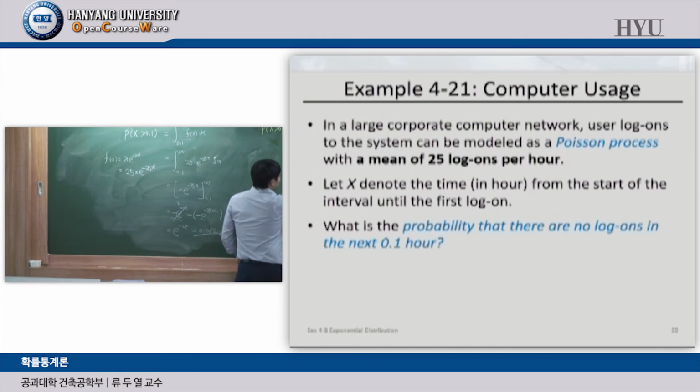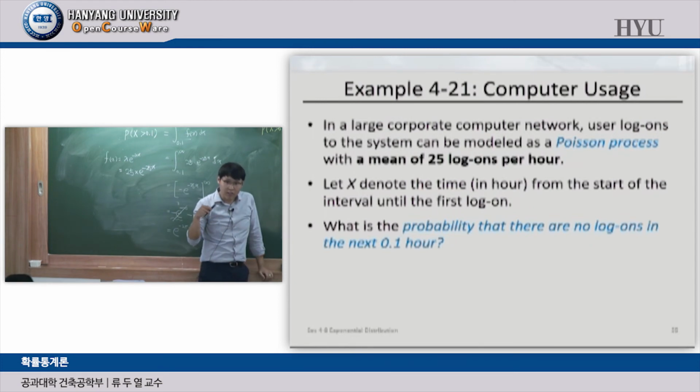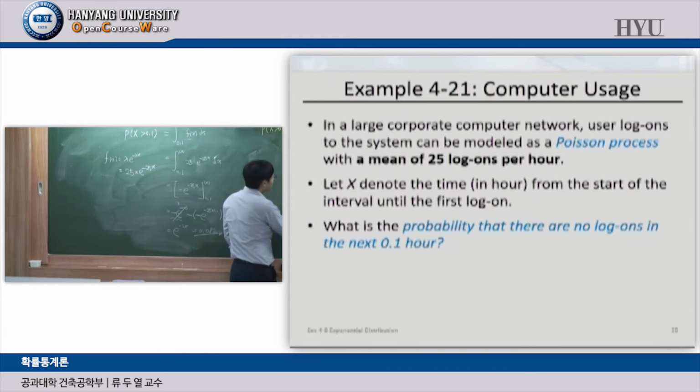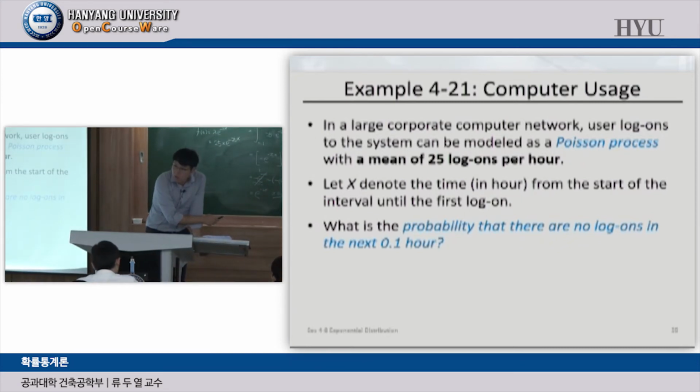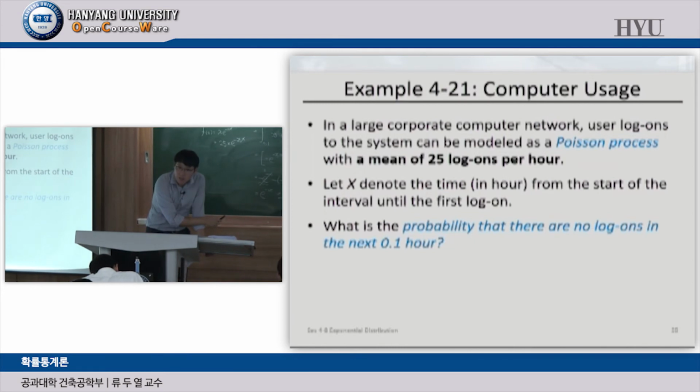And this is 1 minus e^(-25 times 0.1), because the cumulative distribution function F(x) is equal to 1 minus e^(-lambda x). So the 1 can be eliminated, and finally the answer will be e^(-2.5), which is equal to 0.082. So based on this cumulative distribution function, we can also calculate the answer, okay?